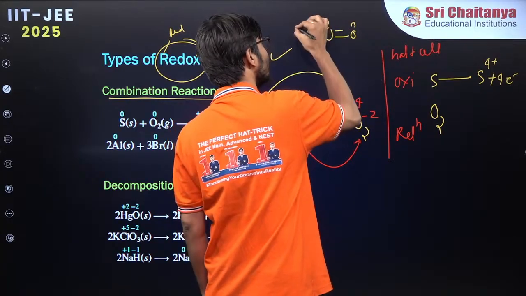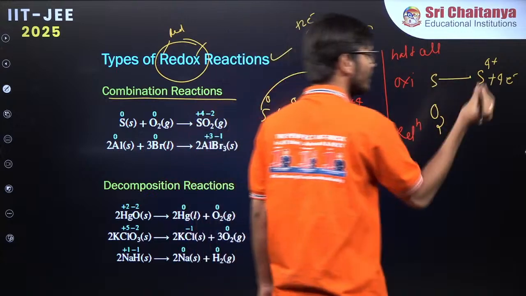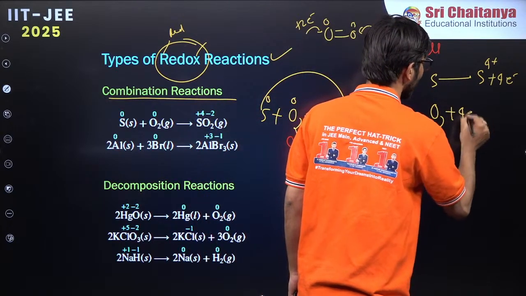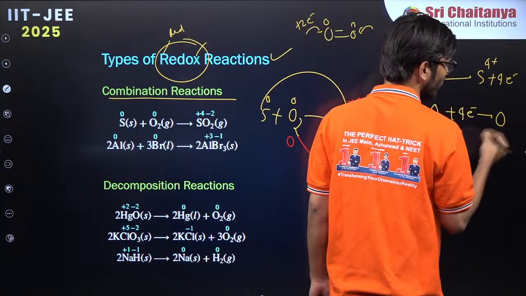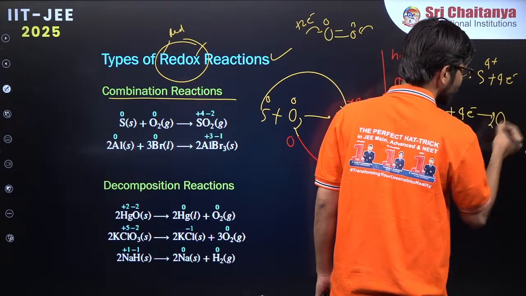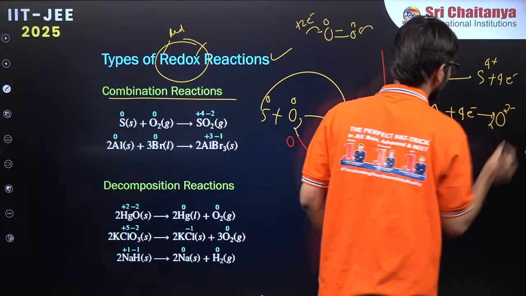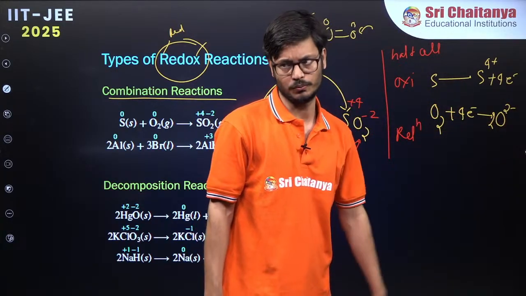This oxygen will gain 2 electrons as well as this oxygen will gain 2 electrons. So how many electrons are needed? 4 electrons. With 4 electrons, this will become what? O. Actually, we can write 2O2 minus, 2 moles of oxygen which are having minus 2.